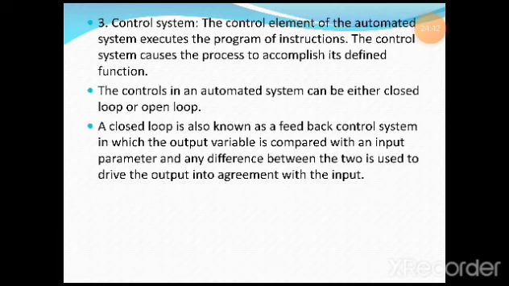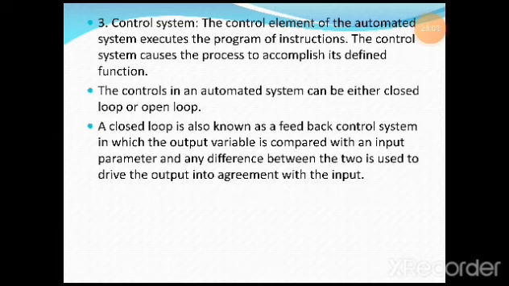But if the output is fed back to the control unit to check whether the output is correct or not, then it is called a closed loop system, or also a feedback control system.